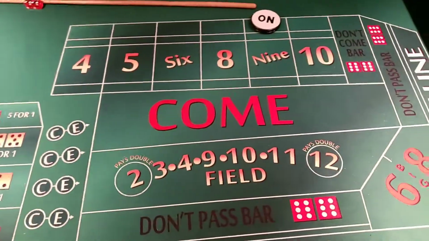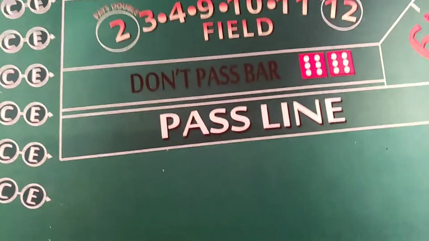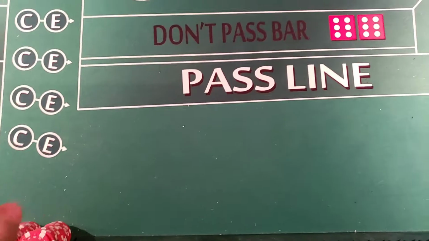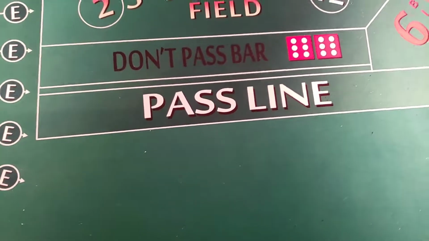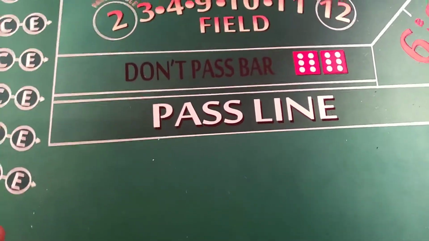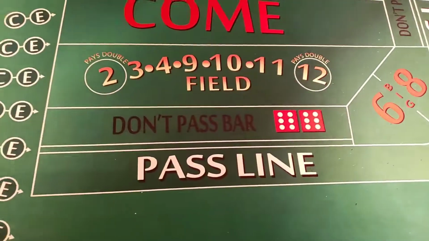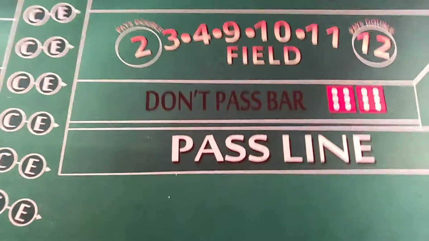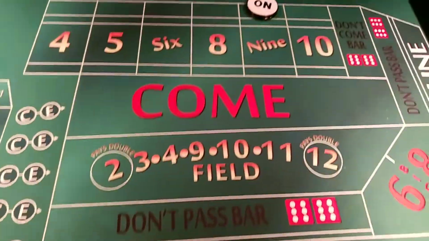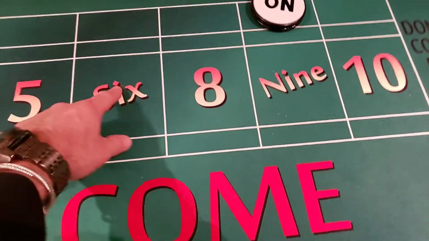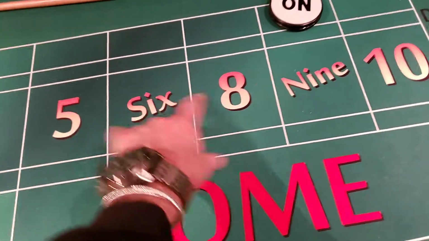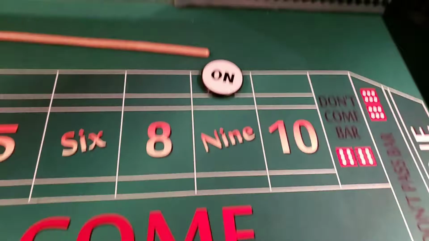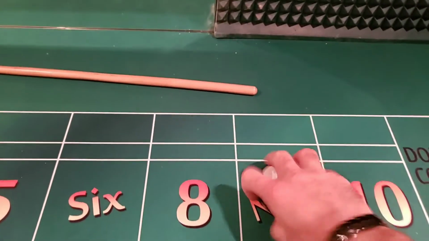If you walk up to a table with the fire and everything, they usually have a little circle here behind the pass line with a little fire sign on it. You put your fire chip there. That's if you want the fire. The fire usually ranges from $1 to $5. Once they hit a fire, they'll put a little chip here in each number that was hit. So now the person hit the 9. The dealer will take off the puck.